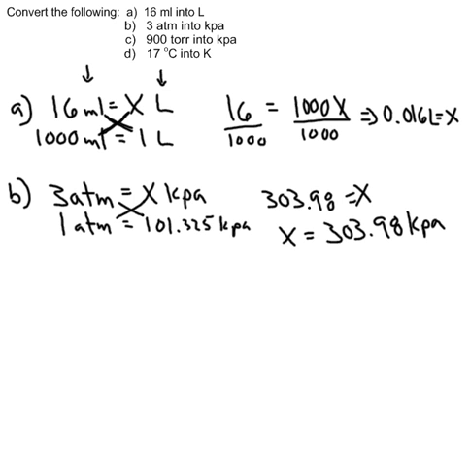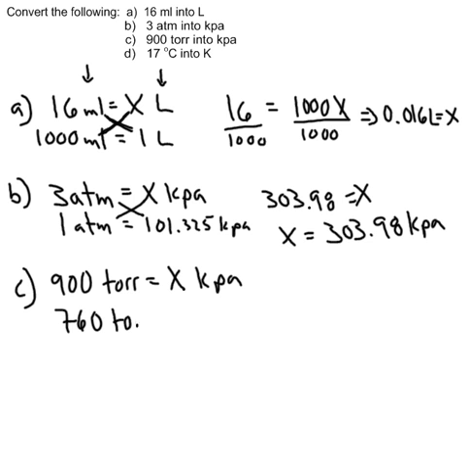C, this is about as hard as they get. It's converting from torr to kilopascals. So 900 torr equals X kilopascals. So again, look up in your book or your notes. 760 torr equals 101.325 kilopascals.